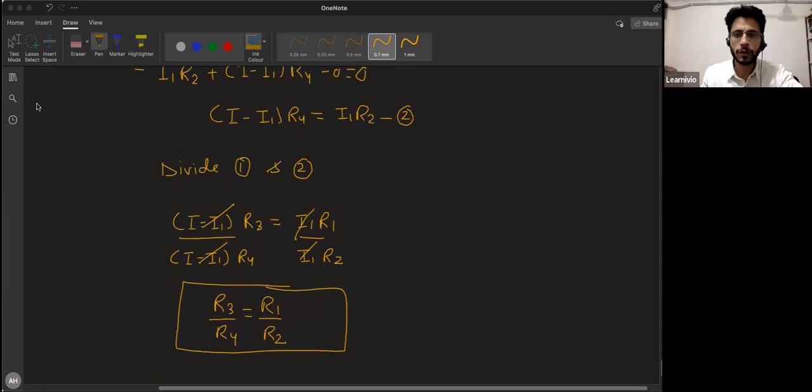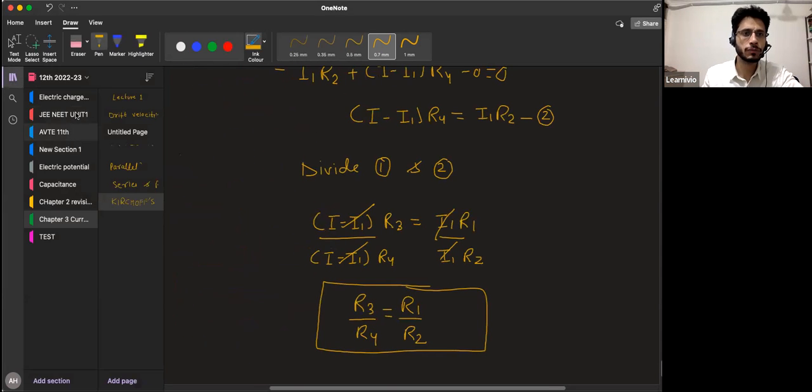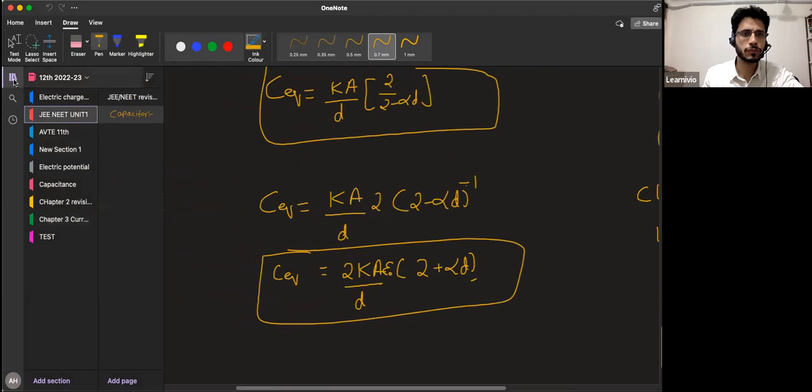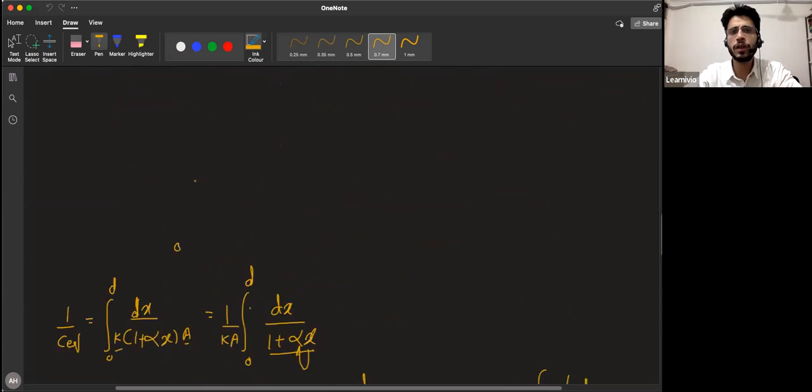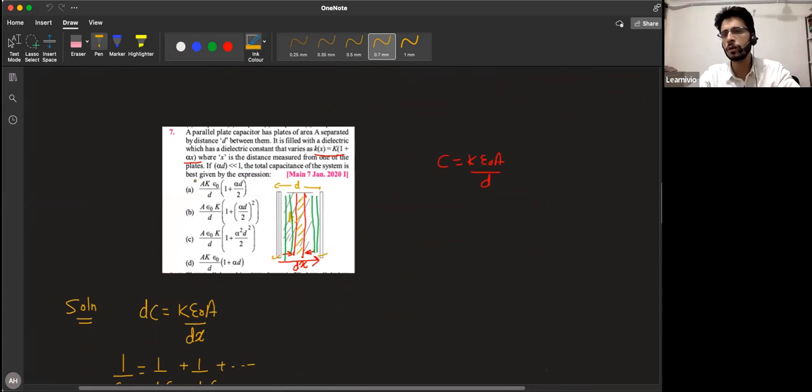Now let's move on to our JEE part. In the last class we were doing capacitors, right? We discussed some questions on capacitor.